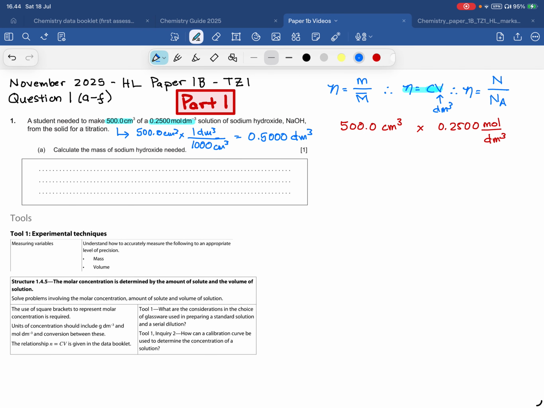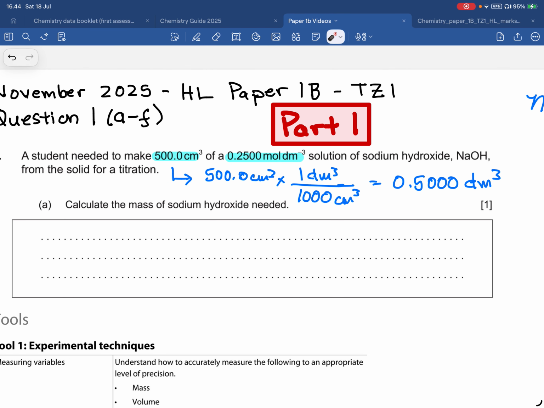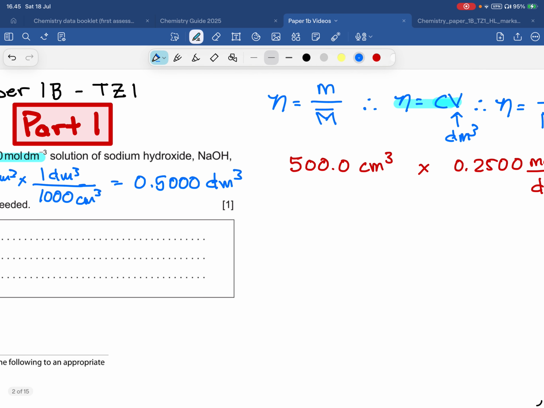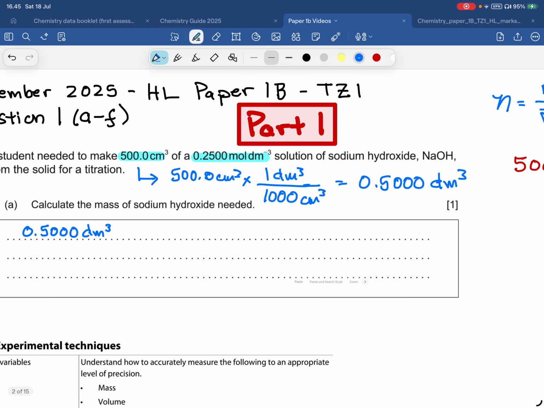So in other words, you should be able to just look at the 500 centimeters cubed and know it's 0.5. So 0.5 decimeters cubed, and remember it's concentration times volume, so the concentration is 0.2500 moles per decimeters cubed.